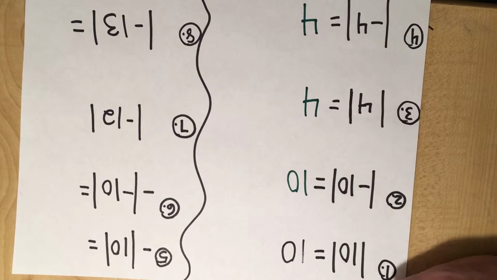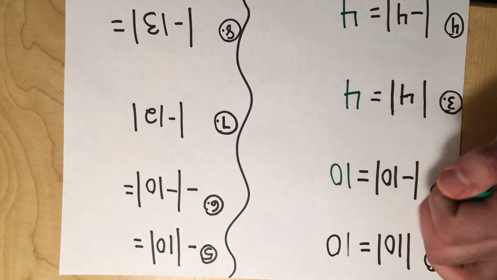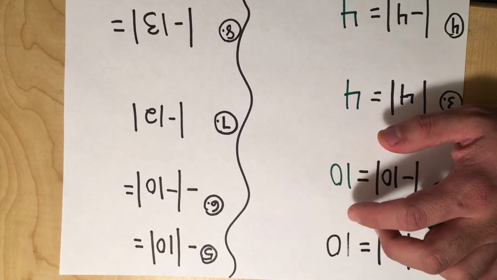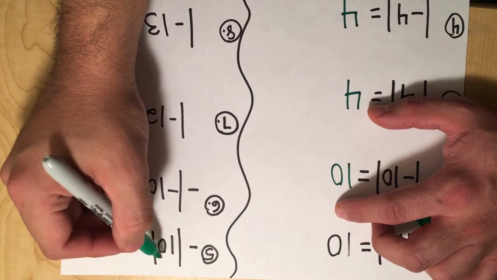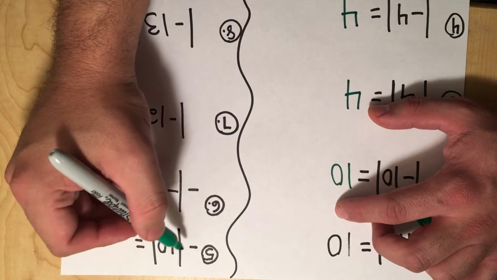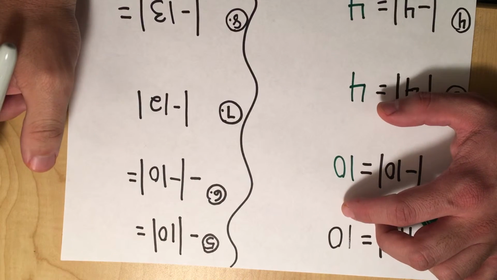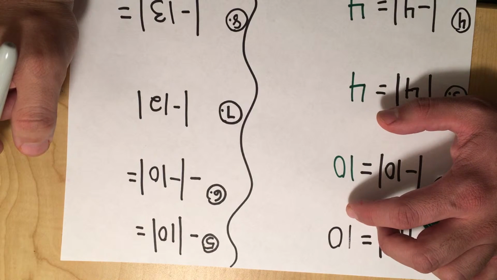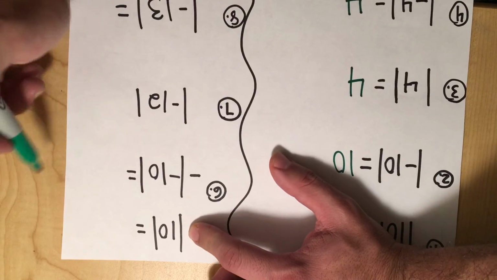Okay? But now you might see something that looks like this, and I've seen it in some of the workbooks that my students have. They'll put the absolute value lines here and the number inside, but then you'll have the negative on the outside. So what I tell my students is, we're not really changing what we learned about absolute value, because the absolute value of 10 is equivalent to 10.